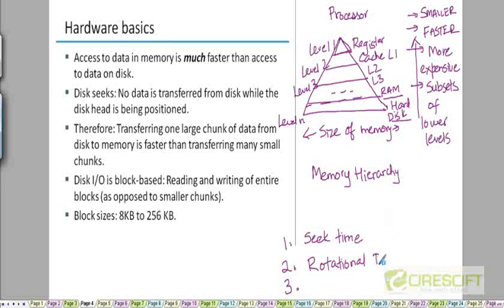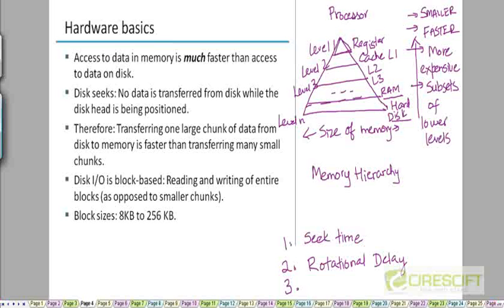There's the seek time, which is the time it takes for the disk head to move to the right track on the hard disk where the data is stored. Okay, so that's the seek time.